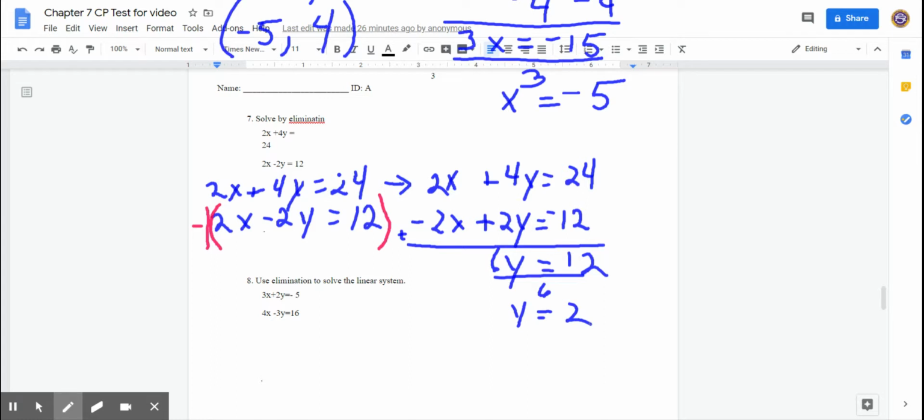Now I have to find x. So y equals 2. And I'm going to choose that first equation, 2x plus 4y equals 24, because it's all positive numbers.